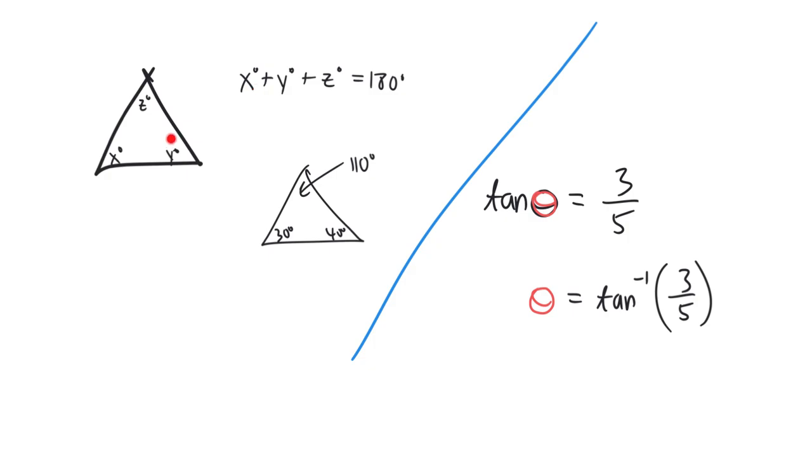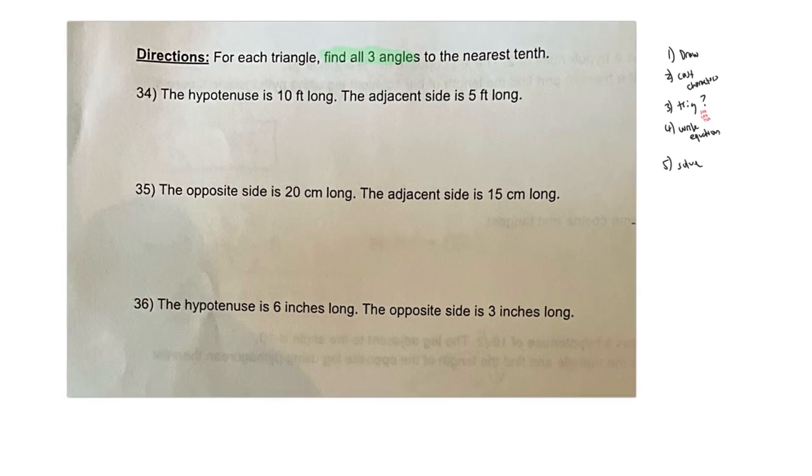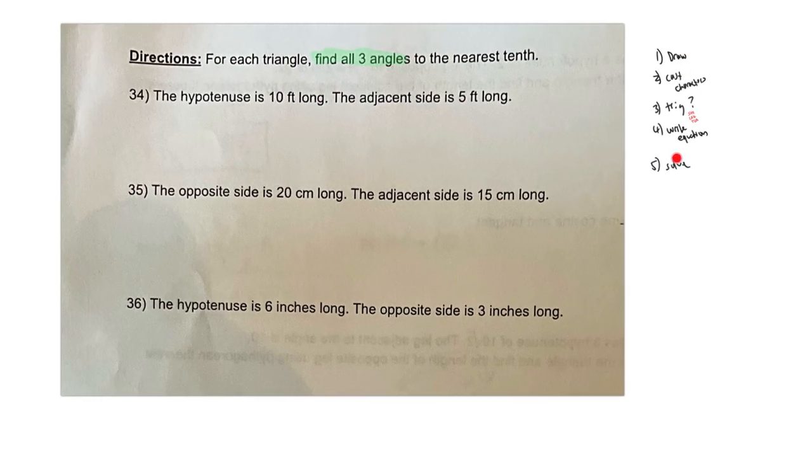The fact that all the angles add up to 180 in a triangle, and the fact that if the unknown happens to be the angle, well, then you can hit it with the inverse trig function. And this would apply to inverse sine and inverse cosine as well. Okay, I think this is probably still going to be useful, though, believe it or not. So let's find out.